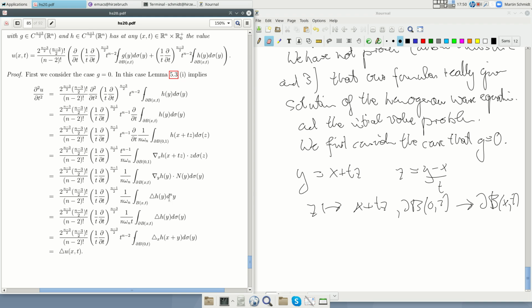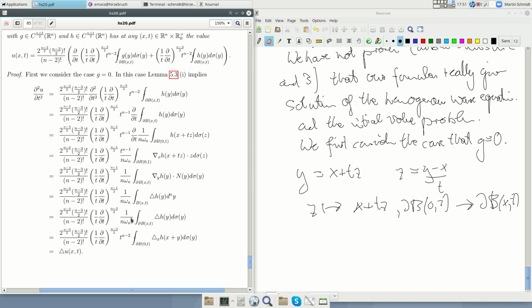Yeah, so here we use this polar coordinates, write this as an integral over s going from 0 to t, ds over the integrals of the ball here with radius s, and then by the fundamental theorem of calculus, the one t derivative we can calculate here, and so we get this term, and one additional factor 1 over t we have here.